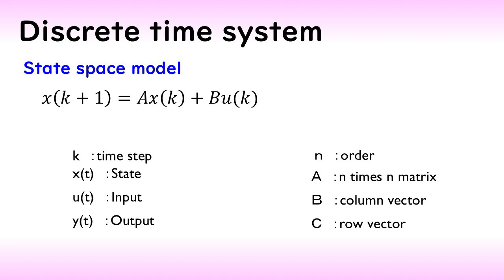Discrete time system state space model is given like this. k is time step, x is state, u is input, y is the output. n is order of system and A is n times n matrix. In case of SISO system, b is column vector and c is the row vector. y equals c x is the output.